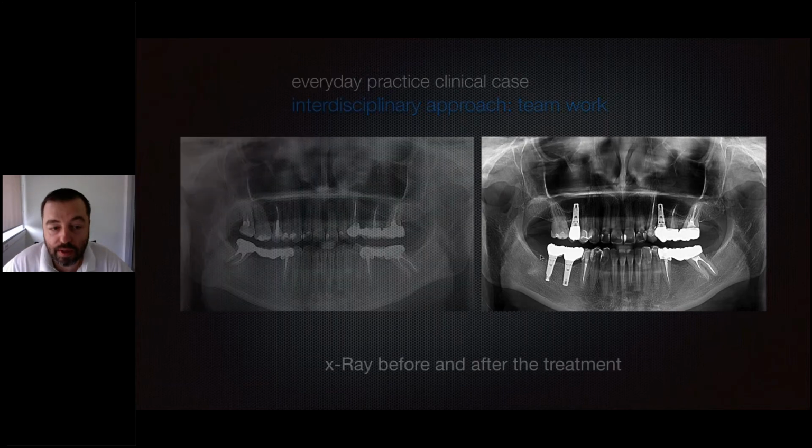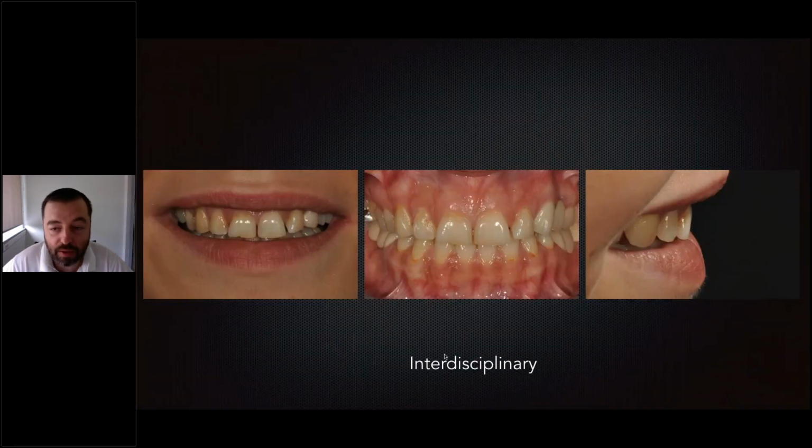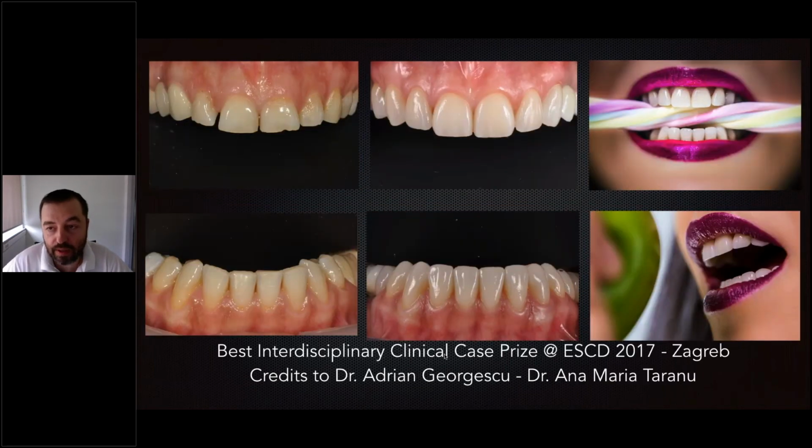So this is an everyday practice, let's say, final outcome of this type of treatment. And of course, there was a nice outcome in the end with the patient and a good function that respected the guidance and everything. And this is the final outcome.